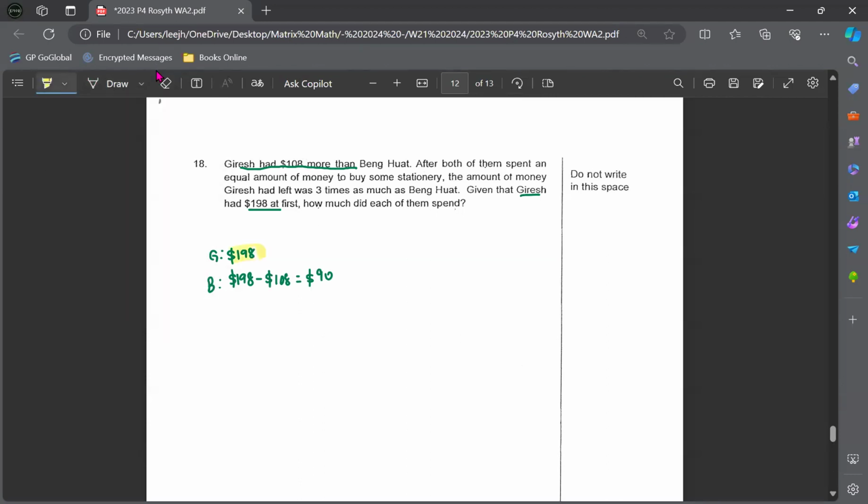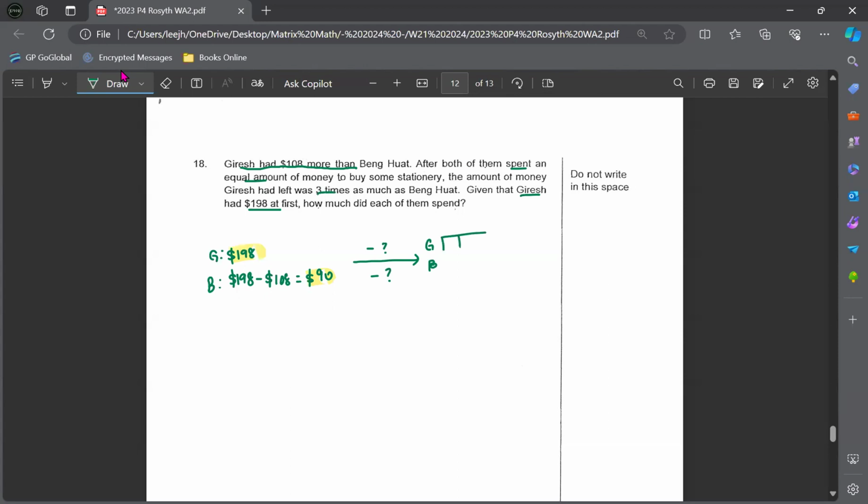This is the amount that they have before. And after that, it says that both of them spent an equal amount to buy things. So minus something, I don't know how much. After that, Jirash had 3 times.